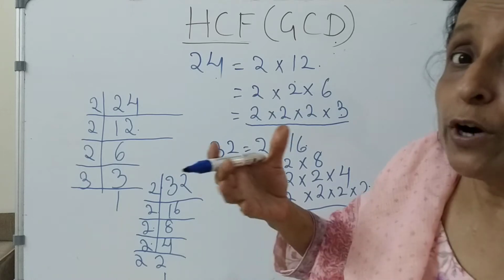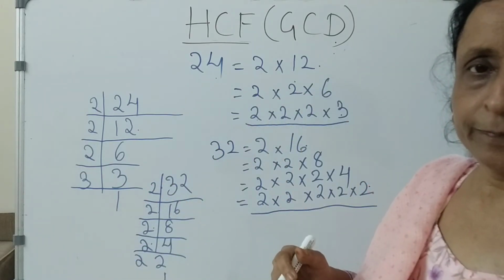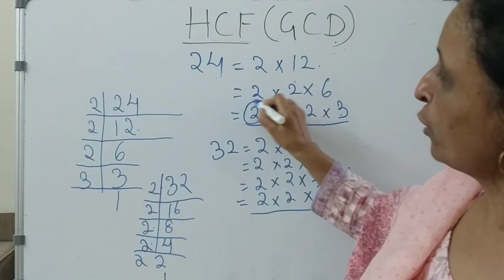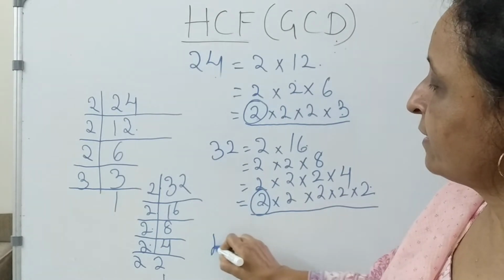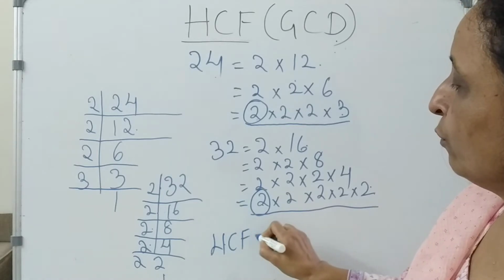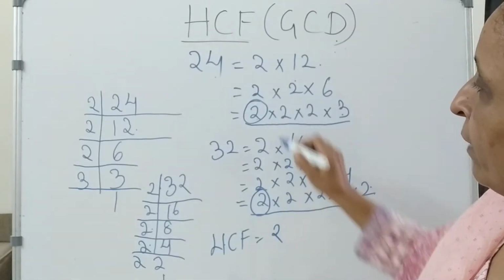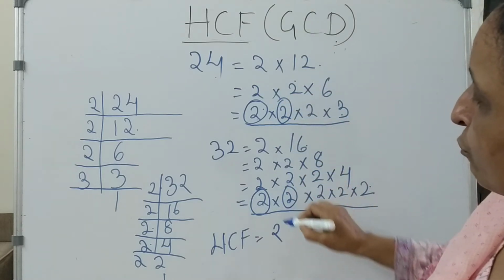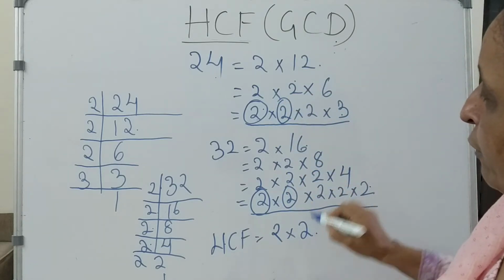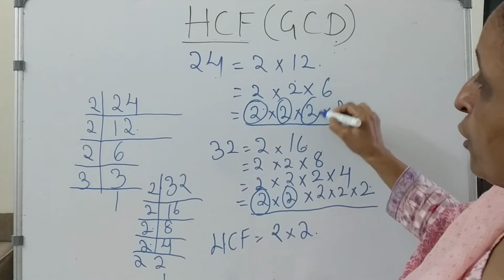Now let us see what is common in them. This 2 is common? Yes. So you write HCF is equal to this 2 common you have written. Now this 2 is common? Yes, this 2 is common. Again you write 2. Now this 2 is common?